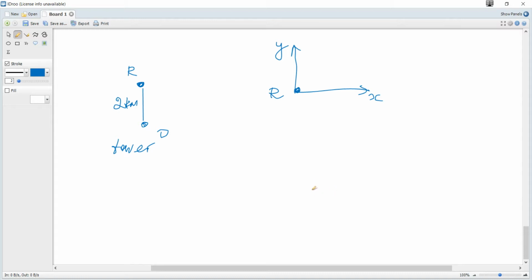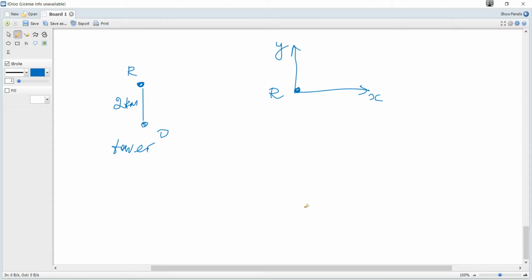Aircraft D is flying at a constant height of 2 kilometers near the airport while waiting for permission to land.